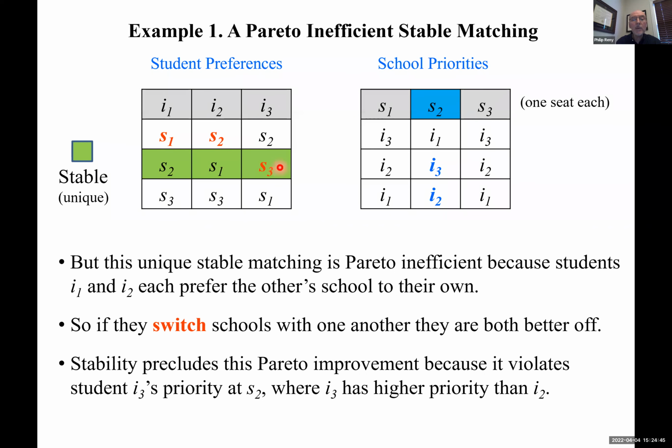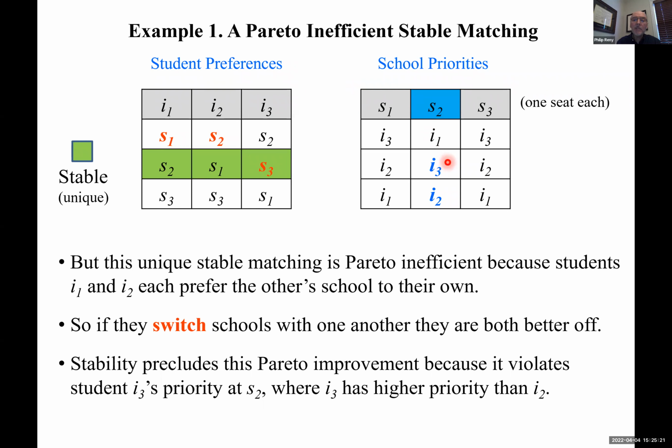Notice we haven't changed student 3's school at all. She's been made no worse off, but she is stopping us from making this Pareto improvement because her priority is violated. Student 3 would prefer to be at school 2 instead of school 3 where she's assigned. In this Pareto improving matching, it's student 2 who's assigned to school 2. So let's look at the priorities of school 2.